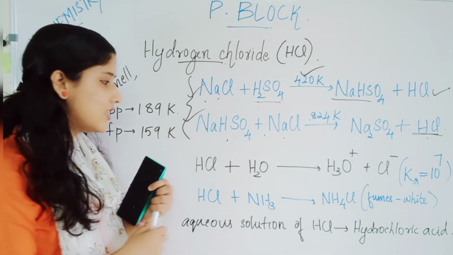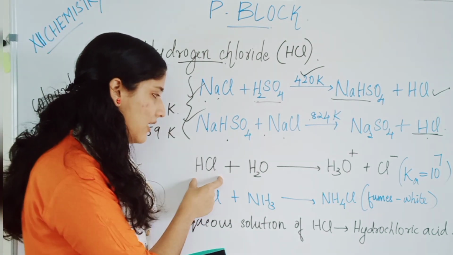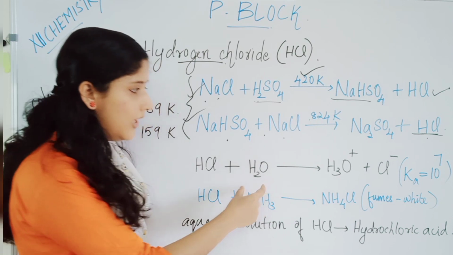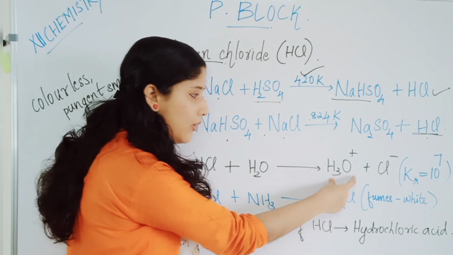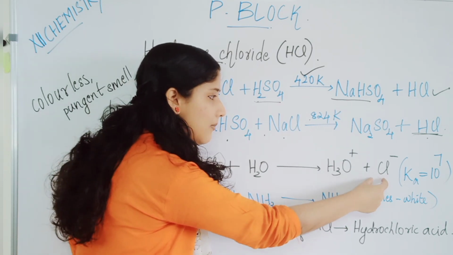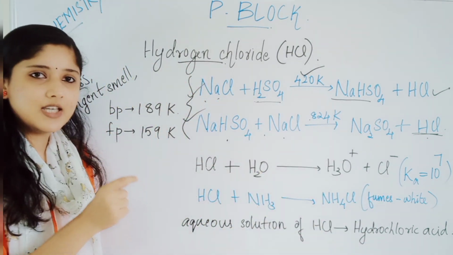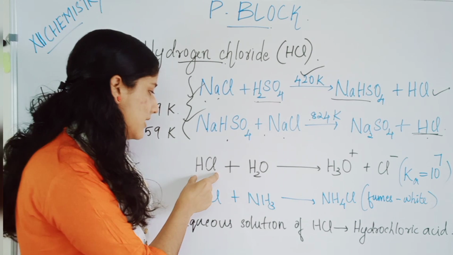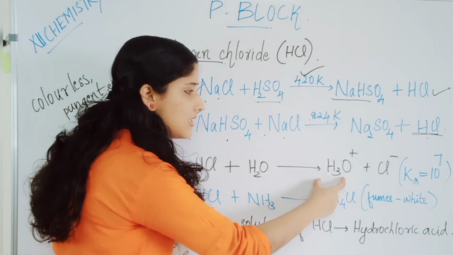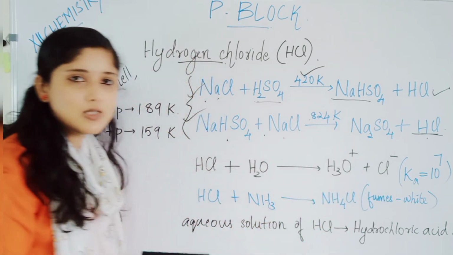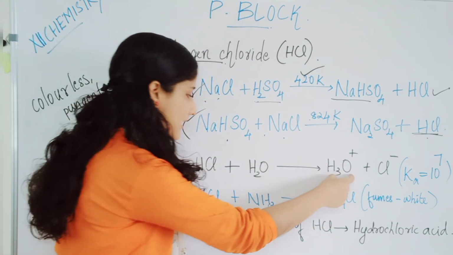An ionization reaction happens when HCl reacts with water, H2O, and you will obtain hydronium ion, H3O plus, and Cl minus. The self-ionization happens: HCl plus H2O react to form H3O plus and Cl minus. Since H3O plus is formed, it is an acid.